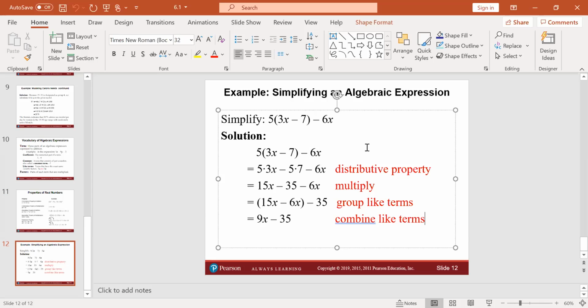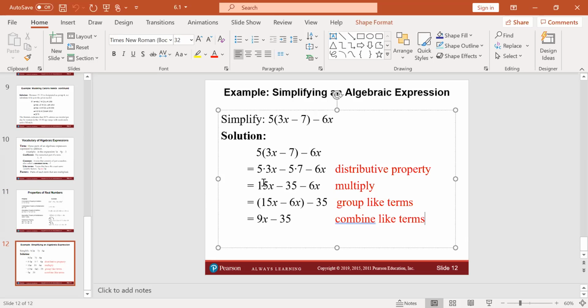To do 5 times 3x, you can't multiply anything to the x just yet. All you can do is multiply the 5 and the 3 together, which will give you 15x. Minus, well, 5 times 7 is 35. So it becomes 15x minus 35 minus 6x.